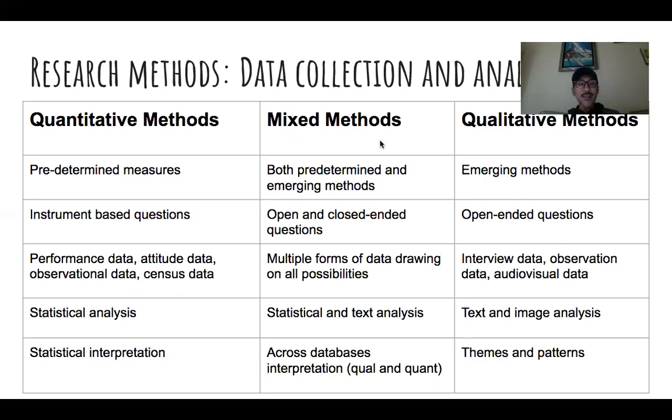Now, on the right-hand side of this table is qualitative methods, and it's almost the opposite of quantitative methods. Qualitative methods is more of an iterative and emerging process. So, rather than predetermined measures or surveys, qualitative researchers often begin with tools such as semi-structured interview protocols, like a list of questions that guide a conversation with a participant.